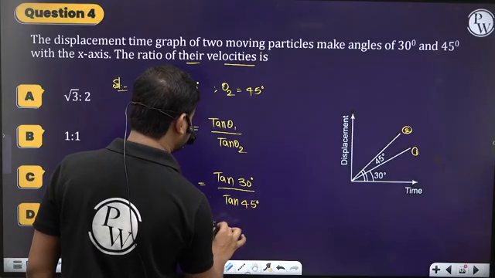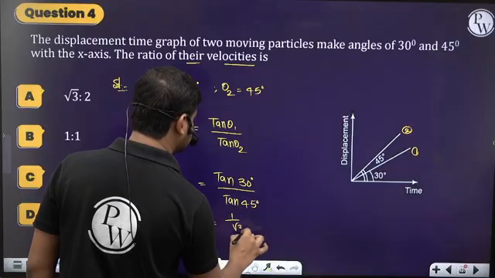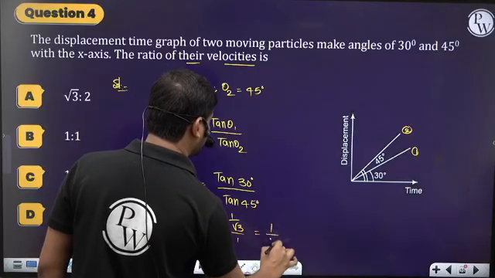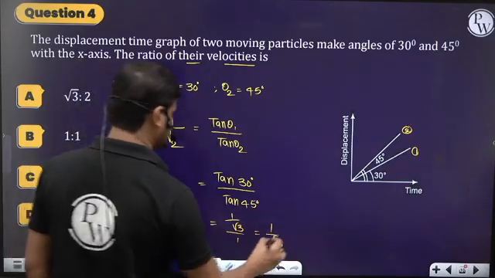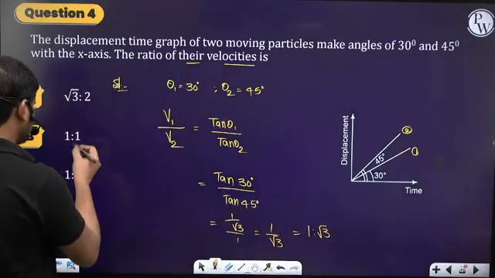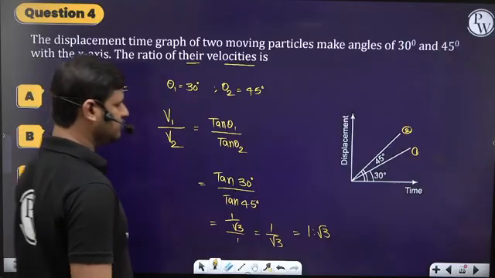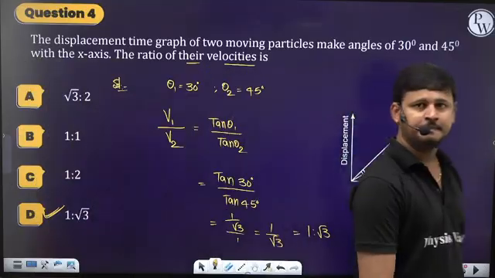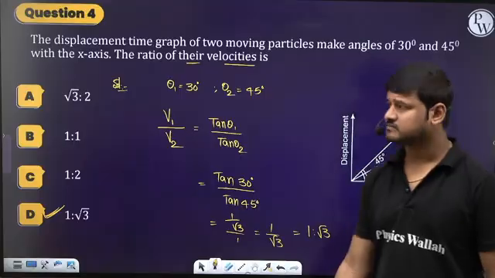Tan 45 is 1, and tan 30 is 1 by root 3. So it is 1 by root 3 divided by 1, which is 1 by root 3. So we can write it simply as 1 is to root 3. Option D. Hope you have already solved this one. Simple one, right?